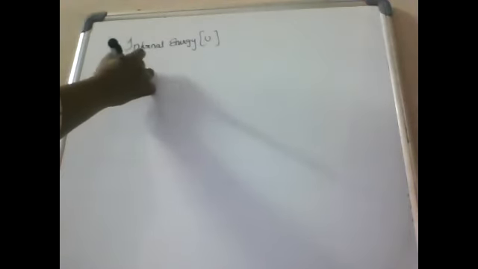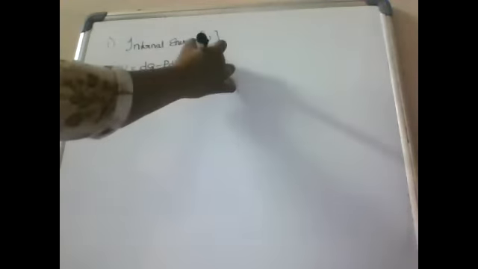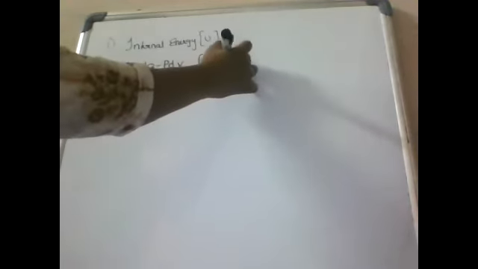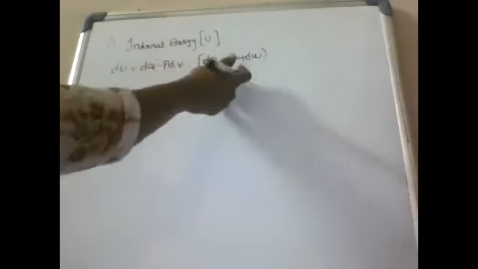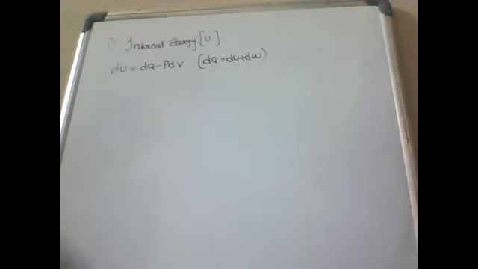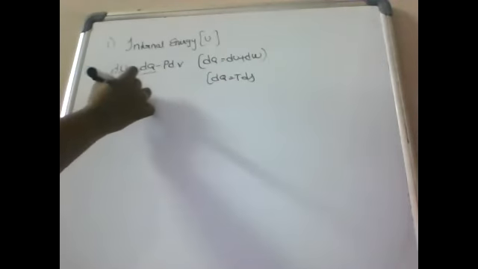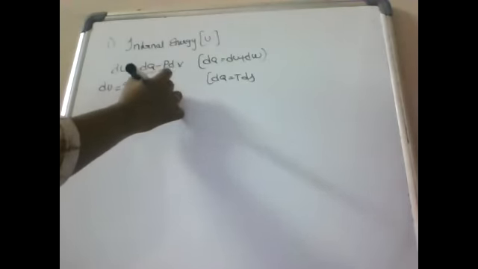The change in internal energy is given by du equal to dq minus pdv, since dq equal to du plus dw, where dw is P dv from the indicator diagram. From the thermodynamic second equation, dq equal to TdS. Substituting that value, du equal to TdS minus P dV.